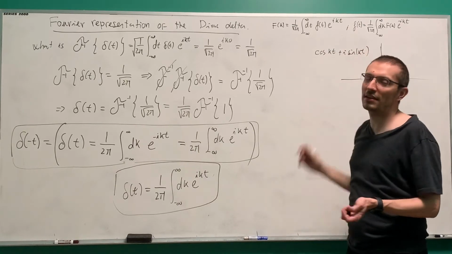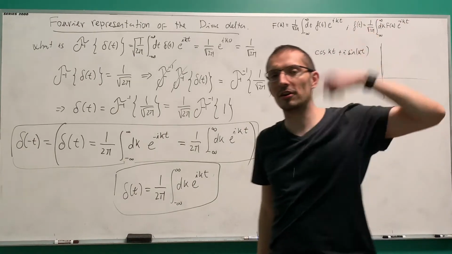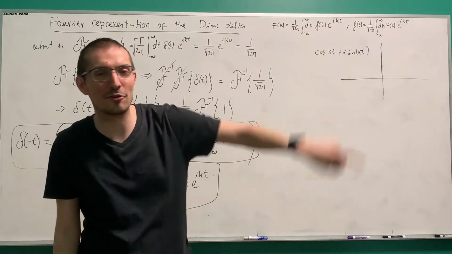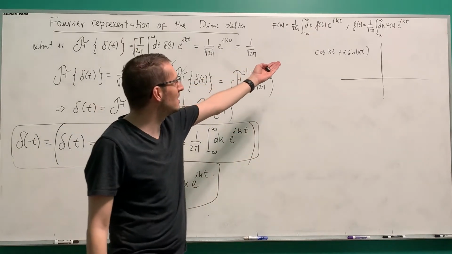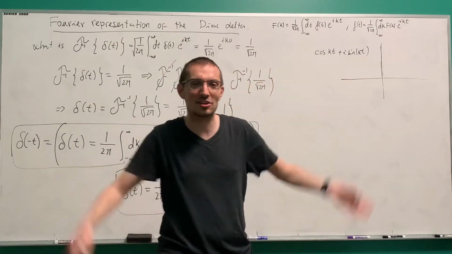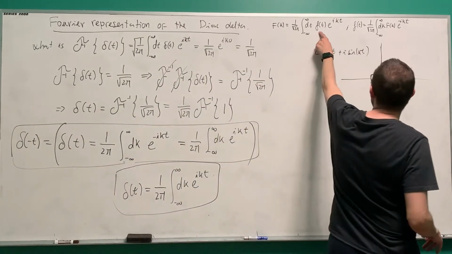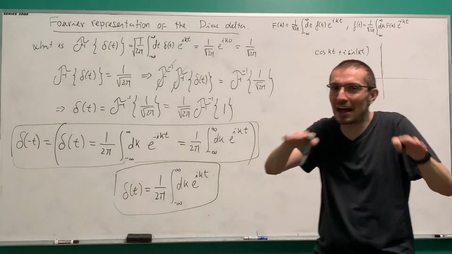In the limit t going to infinity, that becomes infinitely oscillatory. There's no limit when you take t to infinity. Those things just keep oscillating.